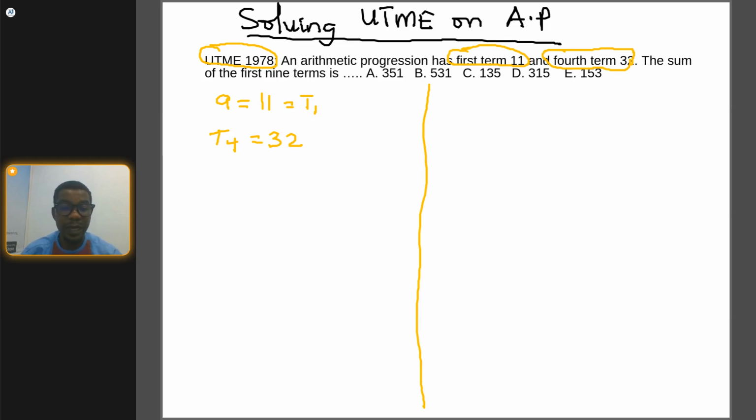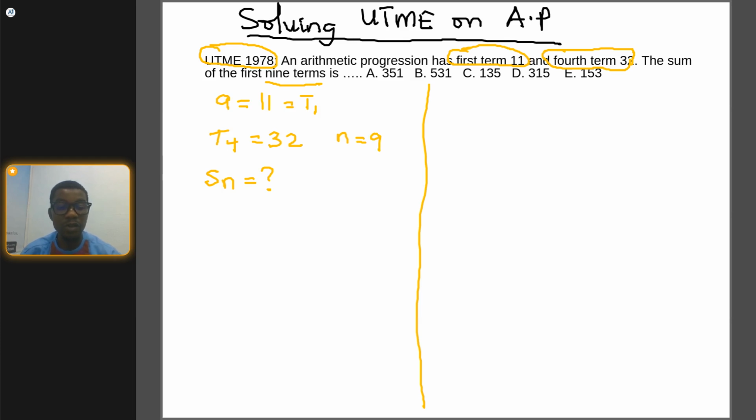Now we are asked to find the sum of the first 9 terms, that is Sn. Take note that the first 9 terms means that n equals 9.